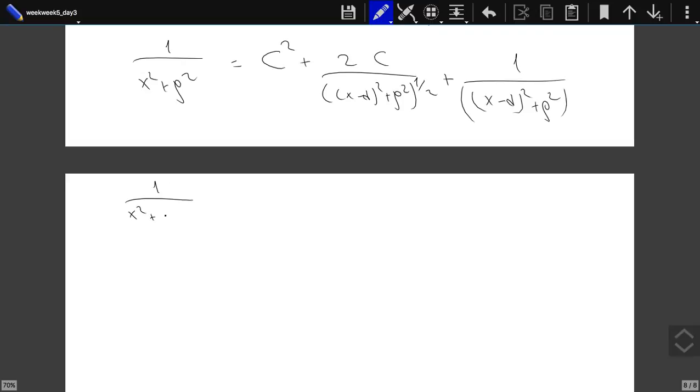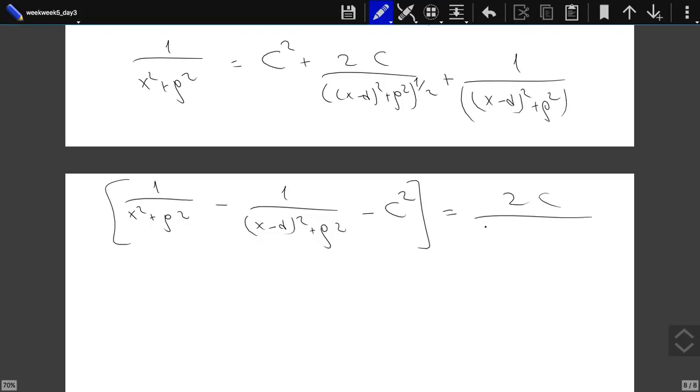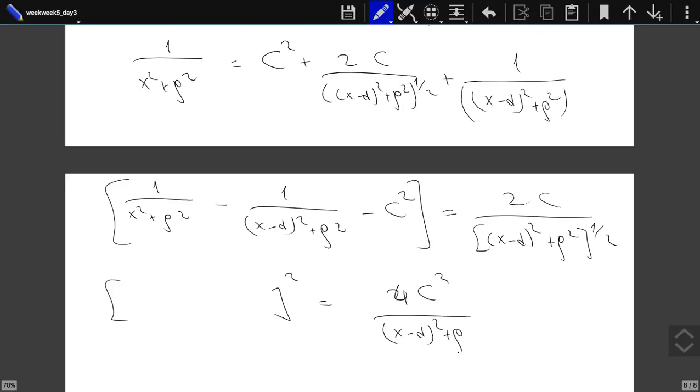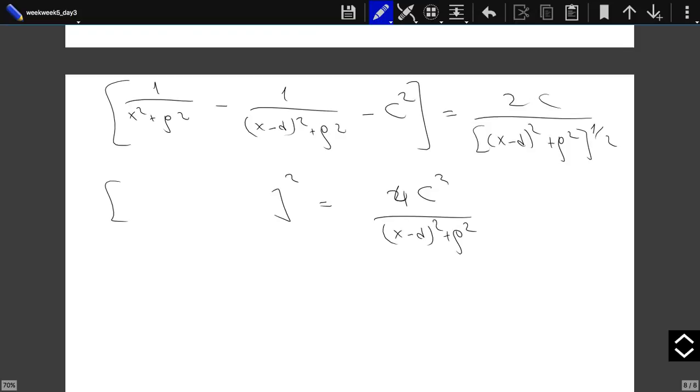So 1 over x squared plus rho squared minus 1 over (x minus d) squared plus rho squared minus c squared is equal to 2c over the square root of (x minus d) squared plus rho squared. Let's square it once more. This thing squared will be equal to 4c squared divided by (x minus d) squared plus rho squared.